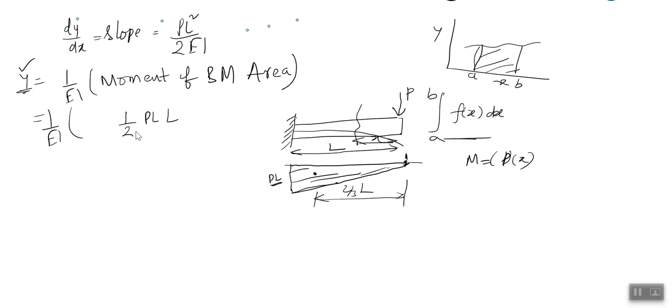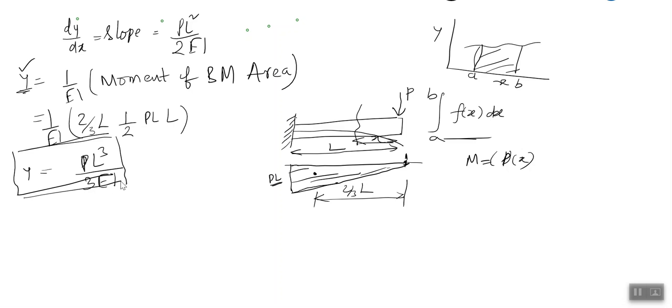So this area into this distance, 2/3 of L, is nothing but P into L cube by 3 into EI. This is the maximum deflection for a cantilever beam, P into L cube by 3 into EI.